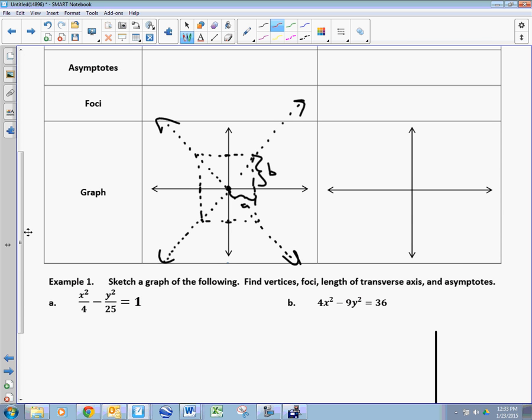Because the x squared is positive, this is going to be a horizontal hyperbola. The vertices of the hyperbola are located on the sides of the box. And then the graph goes out and follows along the asymptotes. So the red part is the actual graph.